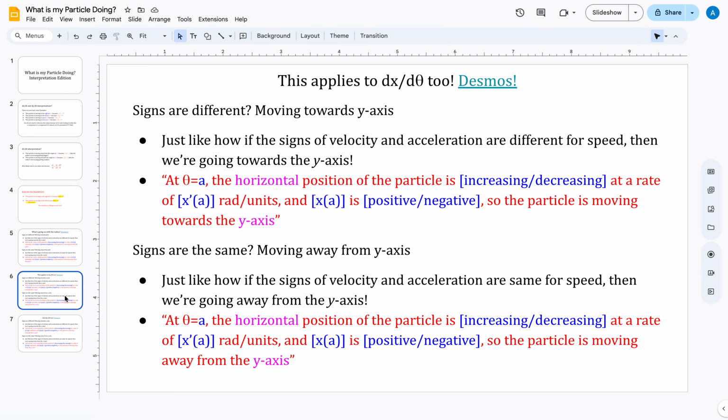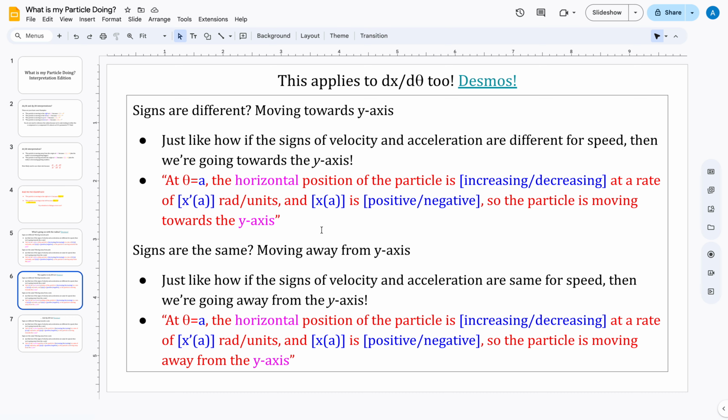Now, likewise, this also applies to dx d theta. Whenever we are thinking about dx d theta, we're thinking, okay, are you moving towards the y-axis, or are you moving away from the y-axis? Essentially, this is saying, is your x component getting bigger, or is your x component getting smaller? But instead of saying the x component, we are talking about the y-axis.